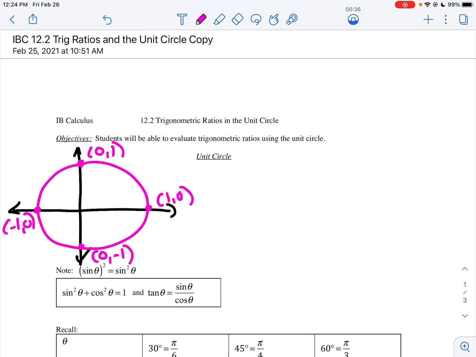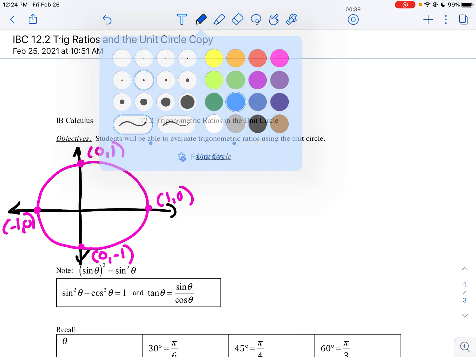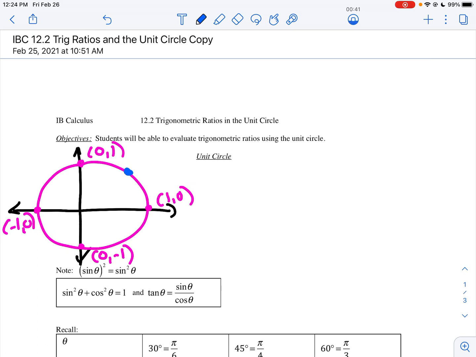And what I want you to notice is that if I pick a point, let's say x comma y, I can draw a radius. So this is a radius of 1 unit. And if I drop a perpendicular to create a right triangle, and this is to the right x and up y, here's something super cool.